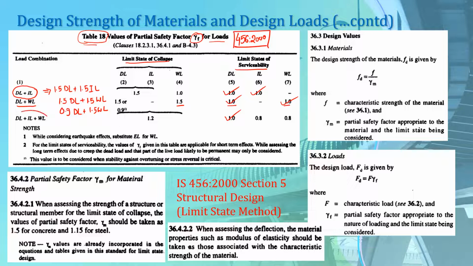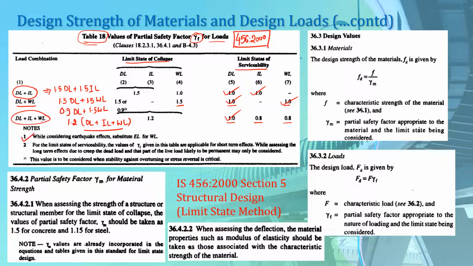Now, if you are using the combination of all of these, dead load plus imposed load plus wind load, a common partial safety factor of 1.2 is used. And for the serviceability limit state, 1 times dead load plus 0.8 times imposed load plus 0.8 times wind load. So these are the values of partial safety factor for different load combinations.